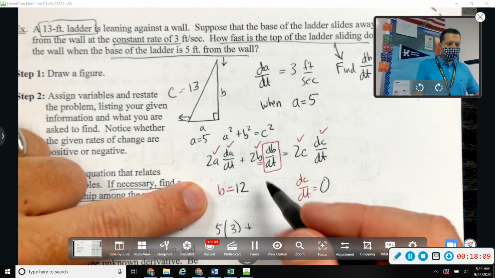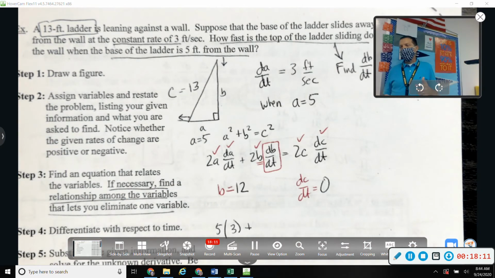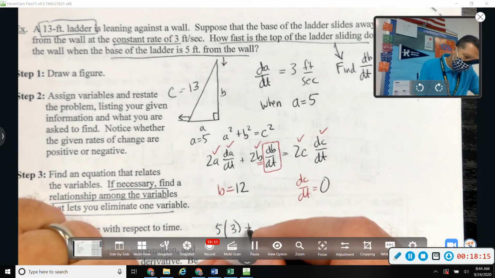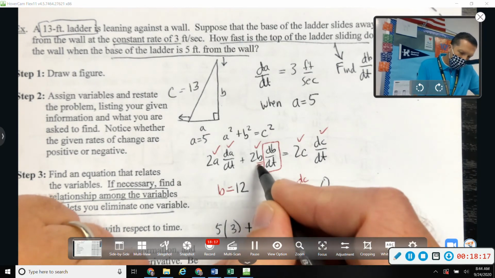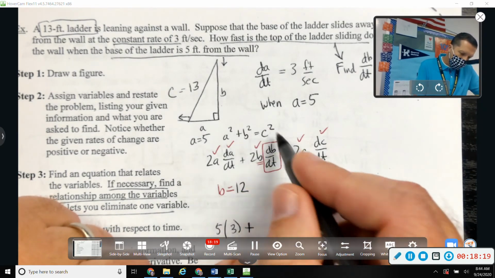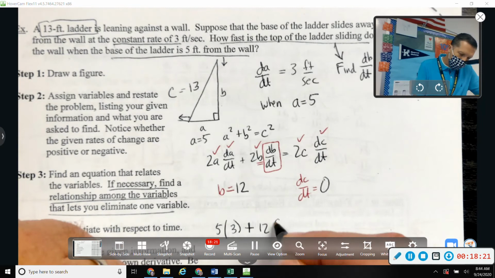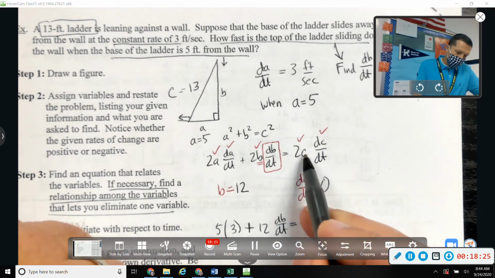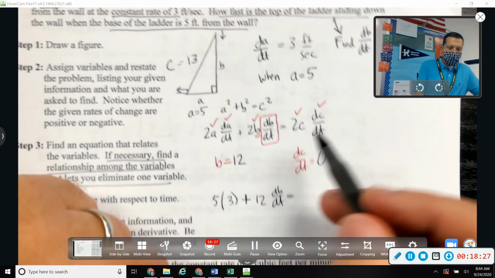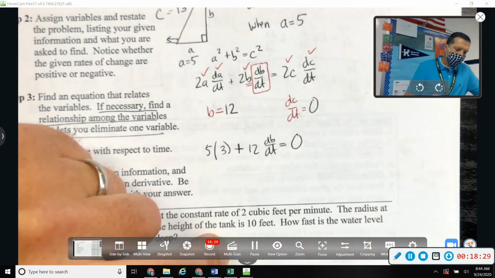These problems have tons of variables in them, plus all the variables have a rate with them, so you got to be real careful keeping up with who's who. So B was 12. dB/dt is what we're looking for. And C is 13, but that doesn't really matter because dC/dt is 0.